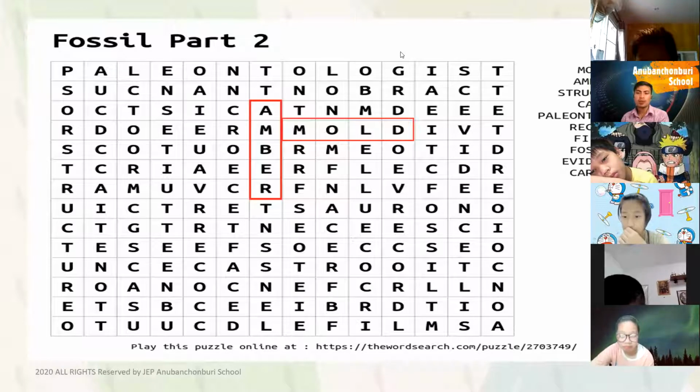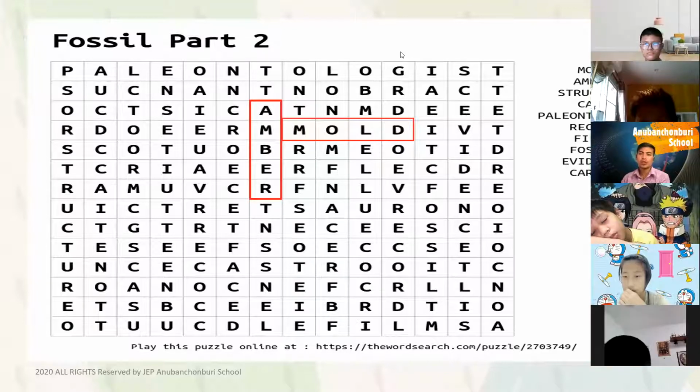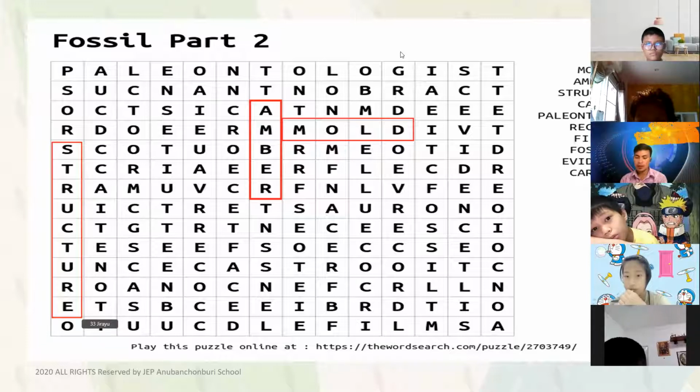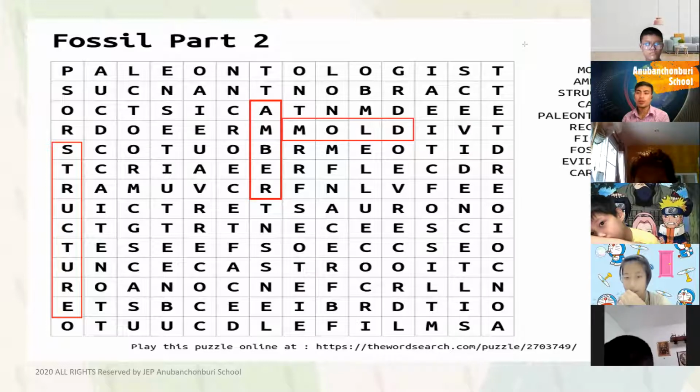Can you find the next one? The next word is structure. Jirayu, go ahead. Structure. Okay, thank you, Jirayu. And now let's proceed to the next one. Cast.